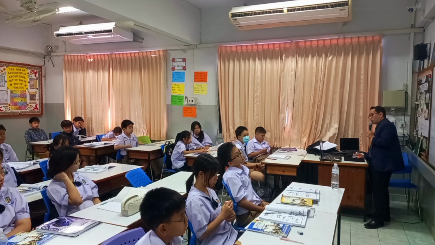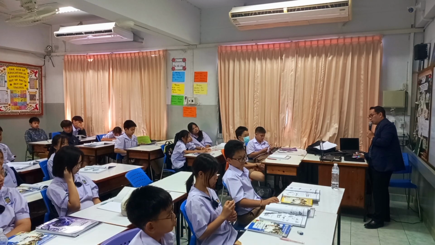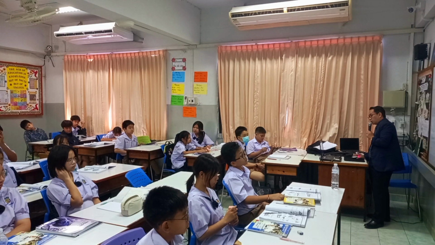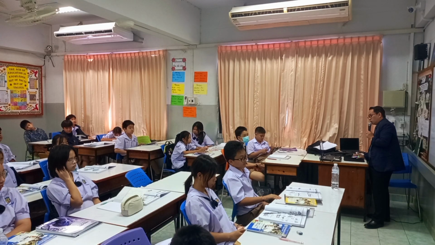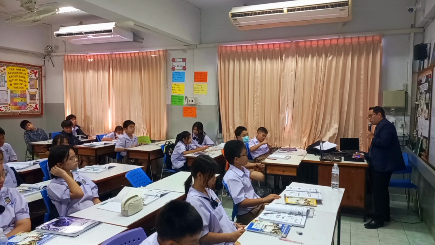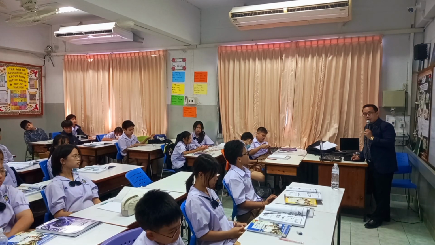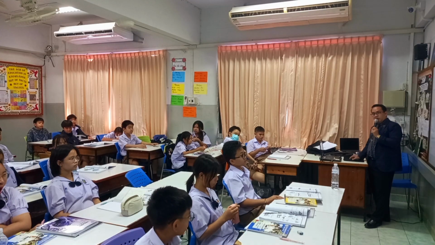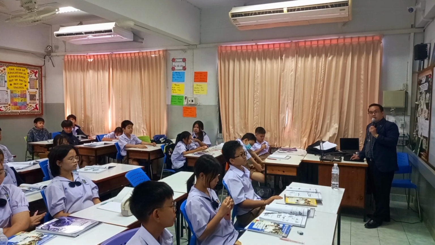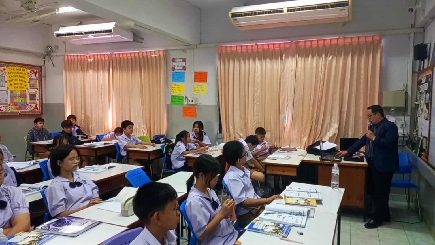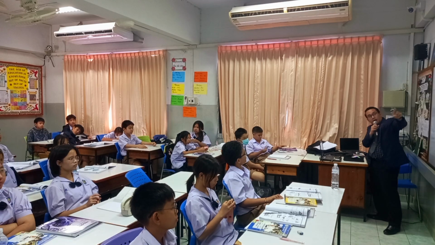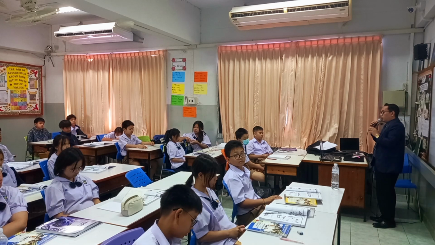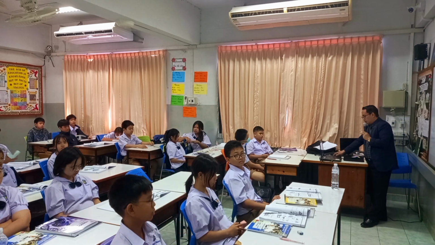Since it is positive 3, 1, 2, 3. What will happen to the gap? Add more 0. Since we follow 1, 2, 3, add more 0. That will become 4080. So don't forget to fill in the zeros if it's necessary, because we need to follow the value from scientific notation to the significant whole number value.